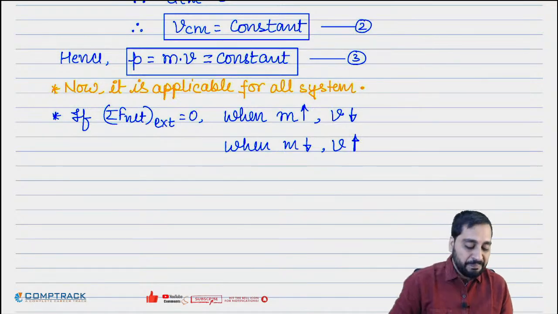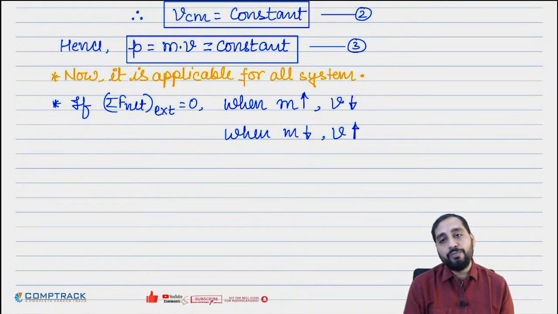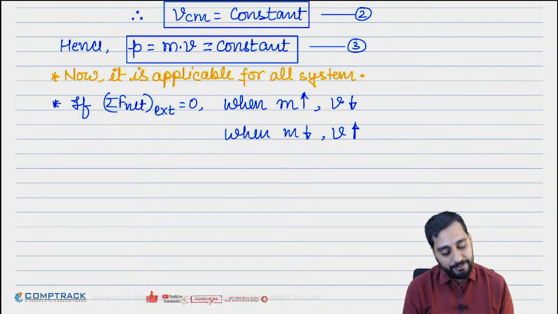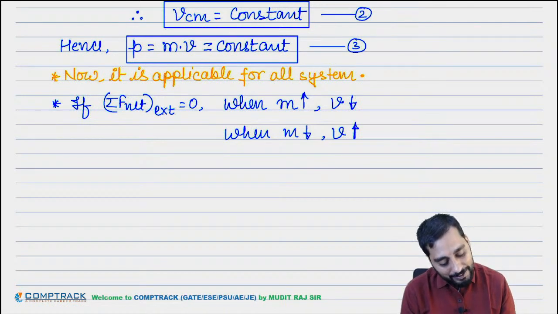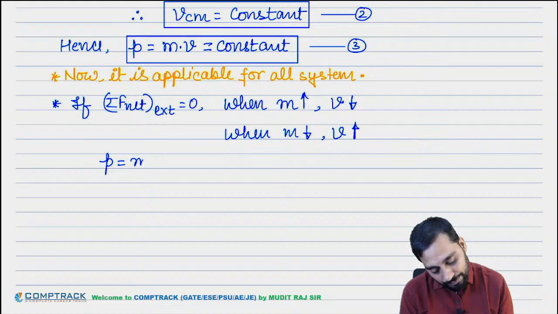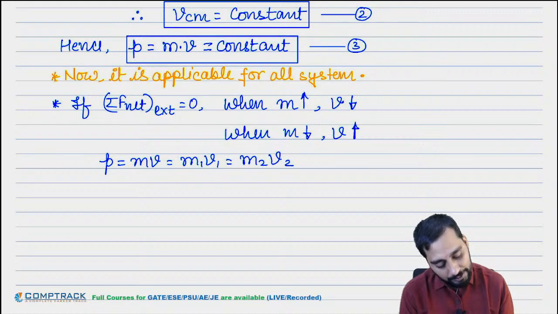Okay, means m into v will be constant. So let's say in different conditions the p equal to m into v will be m1 v1 equal to m2 v2, like this. Mathematically you can write like this.